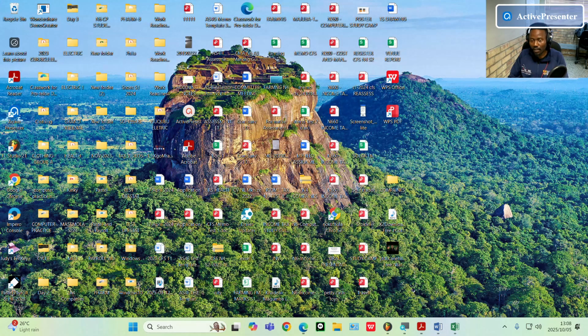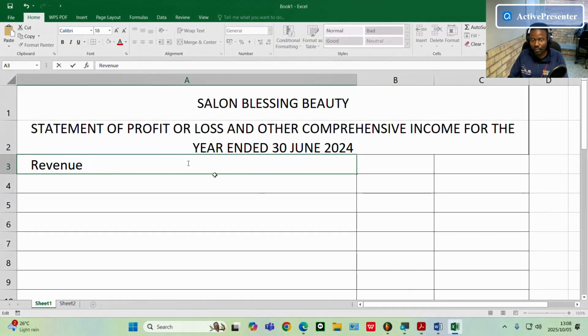So we're going to be starting with the statement of profit or loss and other comprehensive income for the year ended 30 June 2024. As you all know, we start with revenue. This is found on the nominal account section of your pre-adjustment trial balance. We are given that the revenue is 478,943. And we have sales returns, meaning the customers who bought returned stuff.